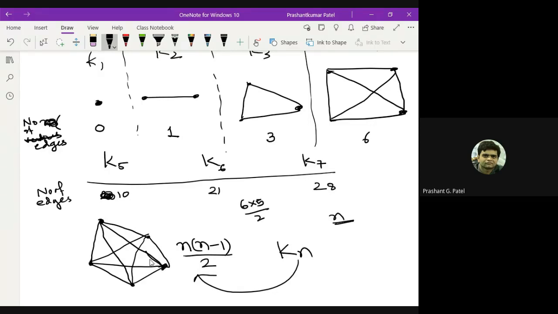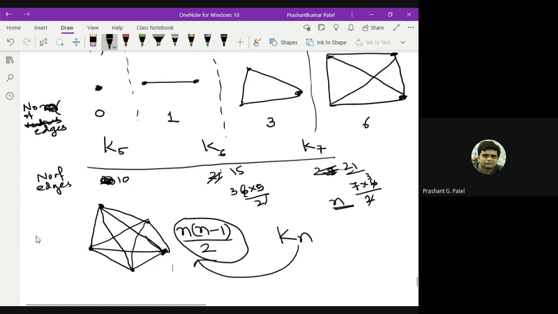So this is wrong. It is 15. Yes, sir, it is 15. This is also wrong then. It is 7 into 6 by 2, 21. So this figure I have written here, 21. So in general, in a Kn graph, there are n into n minus 1 by 2 edges.